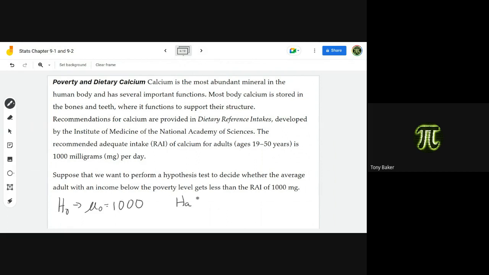What's my alternate hypothesis? So my mean will be less than the null mean. Okay. All right, and one-tailed or two-tailed? One tail. Left or right? Left. Okay.